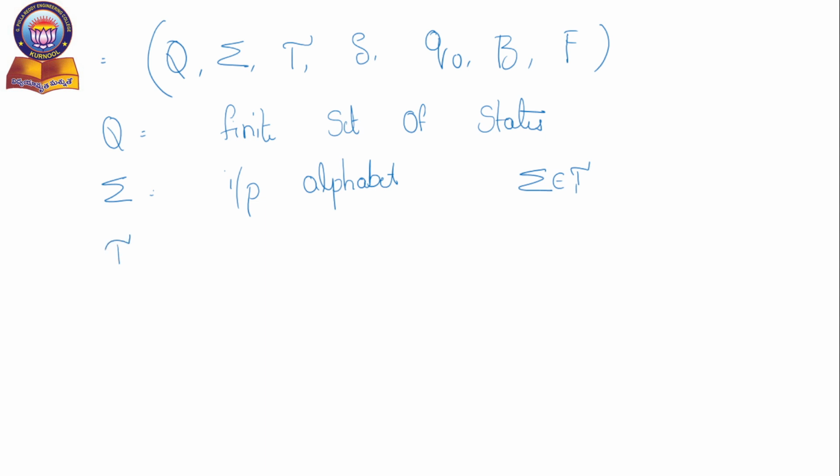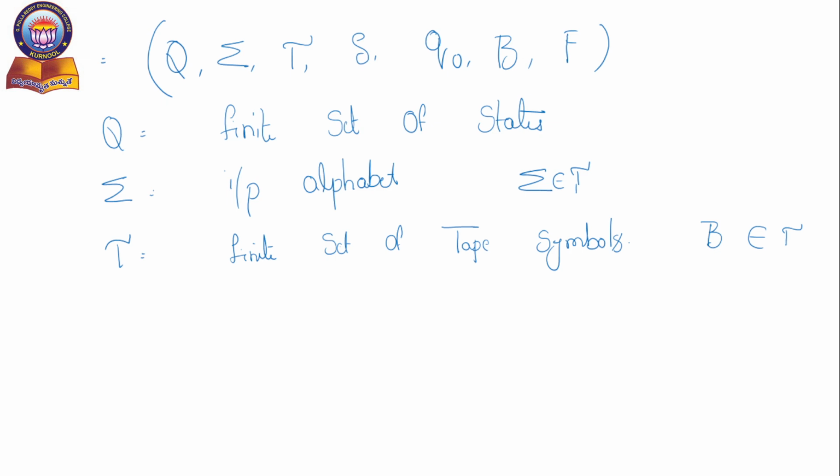Next, tau is said to be the finite set of tape symbols. It is also known as the tape alphabet, and compulsorily a symbol blank B will be present in the tau, and this blank symbol B won't be there in the sigma.